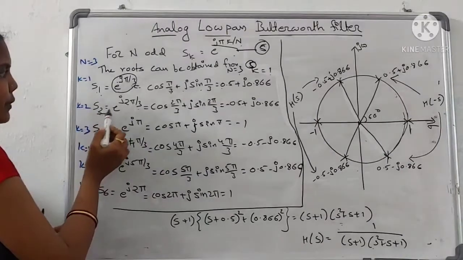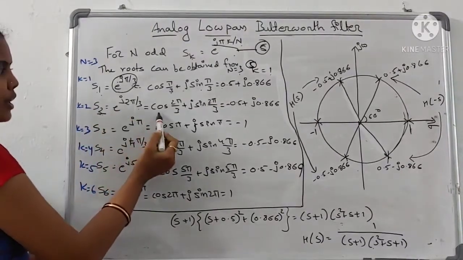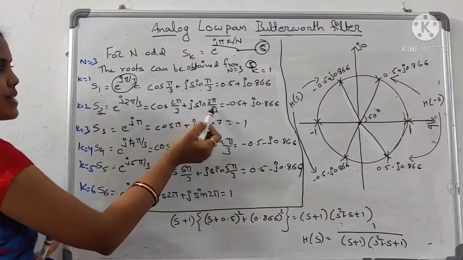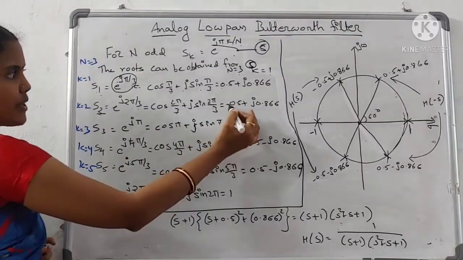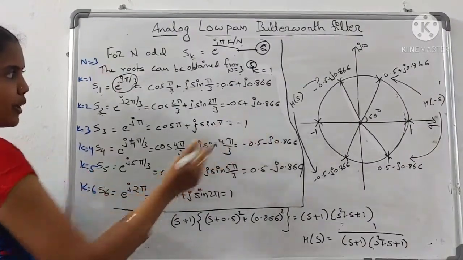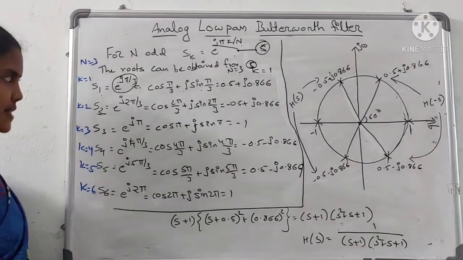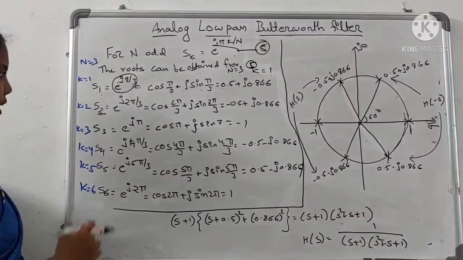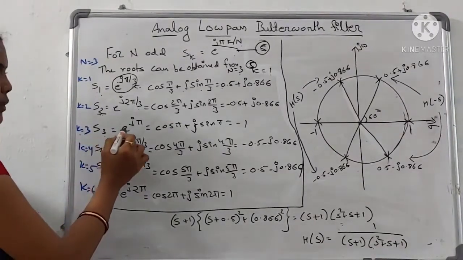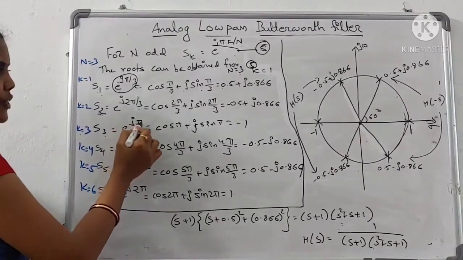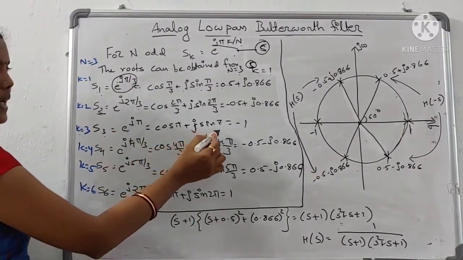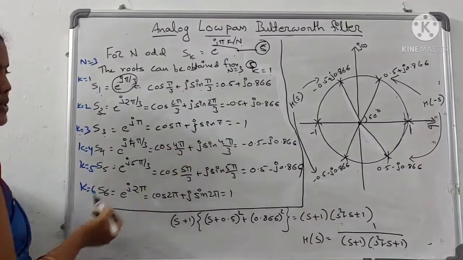For k is equal to 2, e power j 2 pi by 3, so cos 2 pi by 3 plus j sin 2 pi by 3. Here the value is minus 0.5 plus j 0.866. In the same way, for k is equal to 3, n is equal to 3, the value is e power j pi. Cos pi plus j sin pi is equal to minus 1.